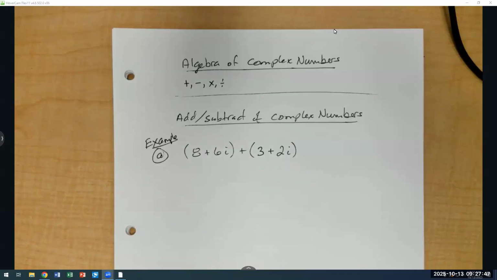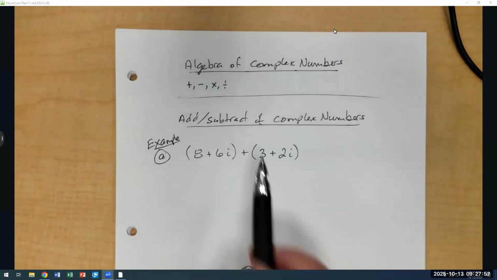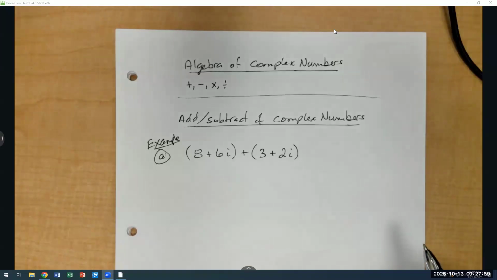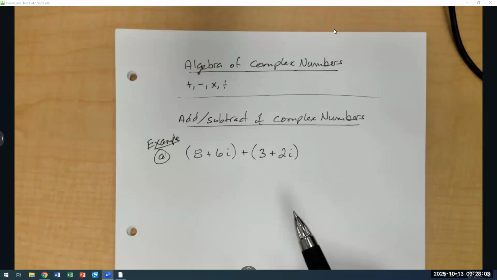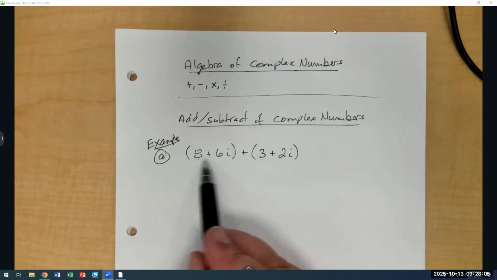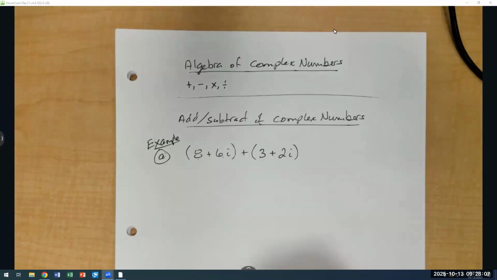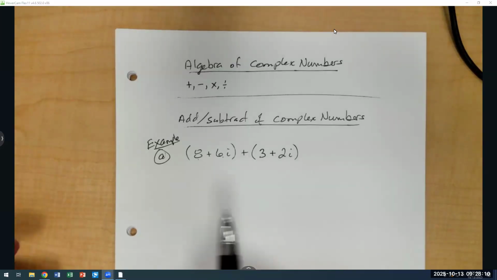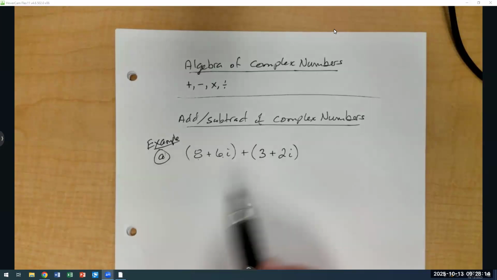It's an expression because there's no equal sign. So all we can do here is combine like terms. So look at it. Can we do anything inside the parentheses? Can we add 8 and 6? No, they're not like terms. This is 8 and this is 6i. It's a real number, remember? Complex number. One's imaginary, one's real. So we can't combine them.